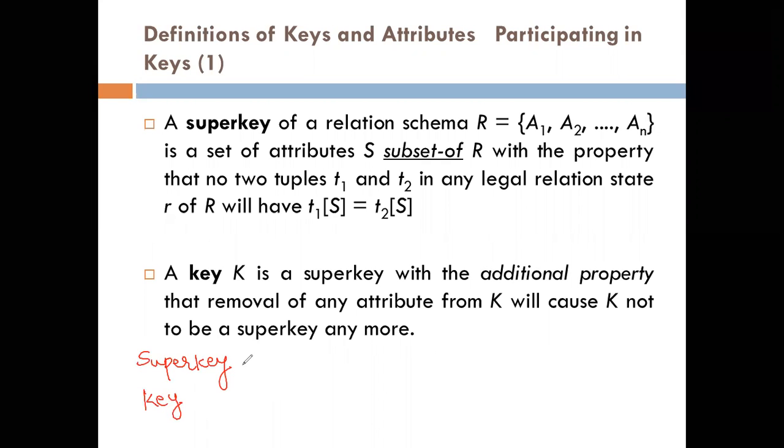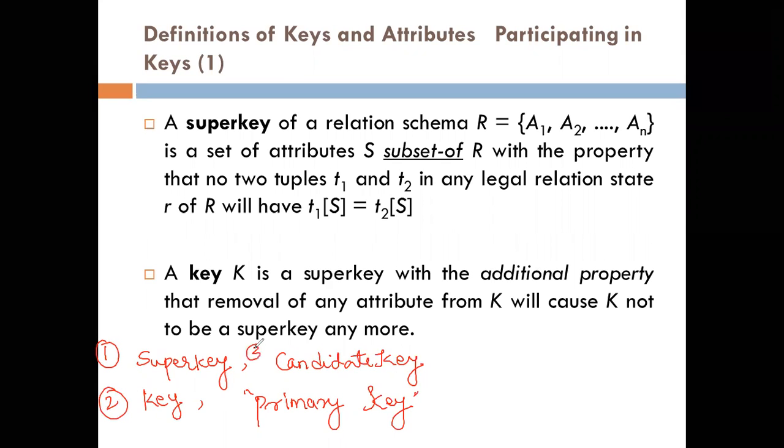Then we have to understand what a candidate key is. And finally, we need to understand the primary key. It is the primary key that we have used in creating all the tables in our laboratory experiments. But in order to decide which is a primary key, we have to go through all these concepts. First is super key, second key, then candidate key, and fourth the primary key.